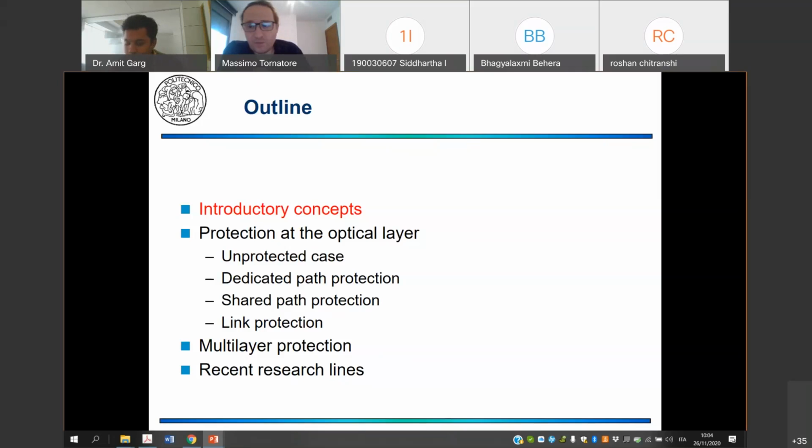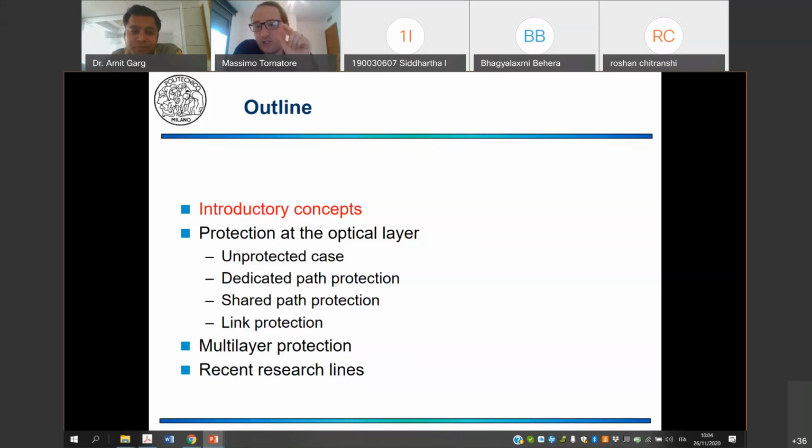But with the current evolution of optical networks, it is becoming more and more important to look also at the problems that arise when protection is performed at different layers of the network. So when there is protection at the optical layer, as well as protection in the higher layers, for example, in the IP or in the MPLS layer.